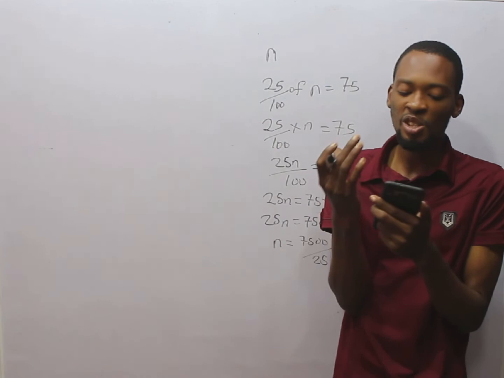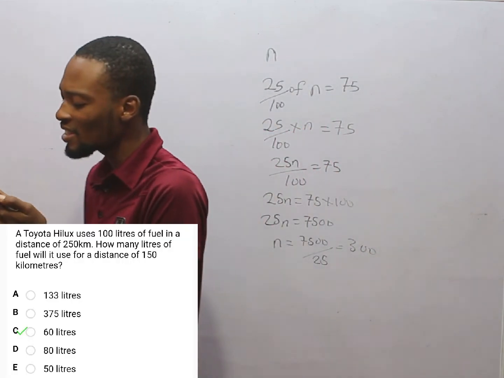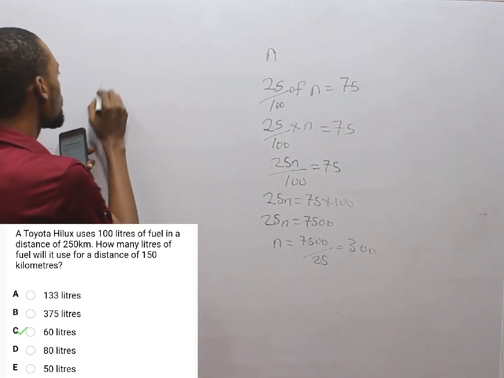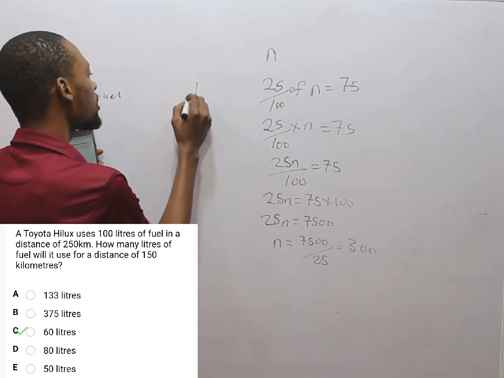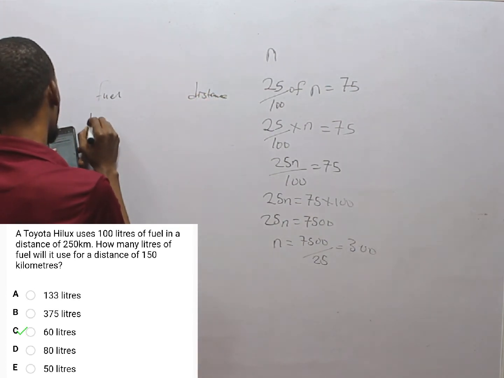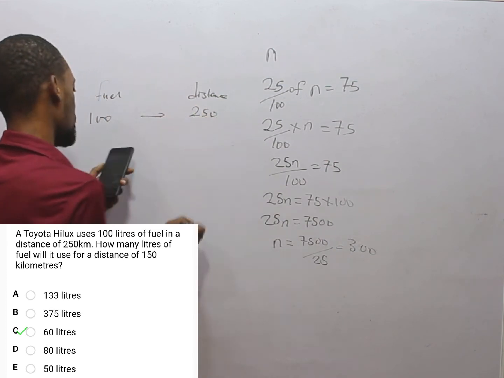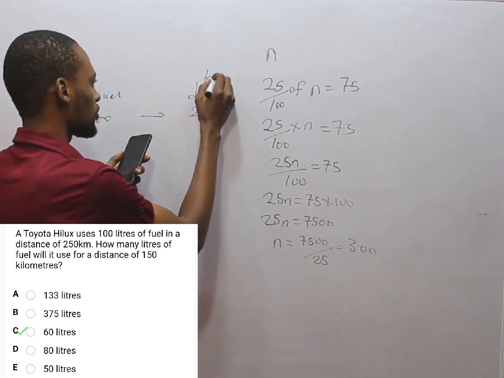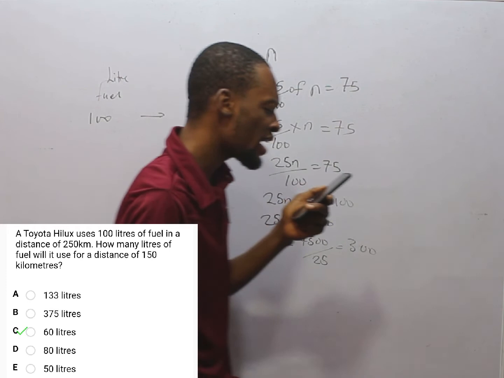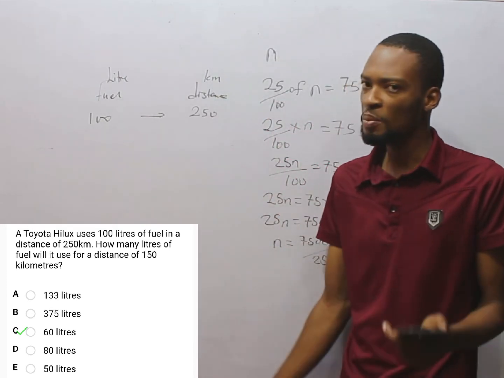A Toyota Hilux uses 100 liters of fuel in a distance of 250 kilometers. So let's say distance: 100 liters covered 250 kilometers. How many liters of fuel will it take for a distance of 150 kilometers?